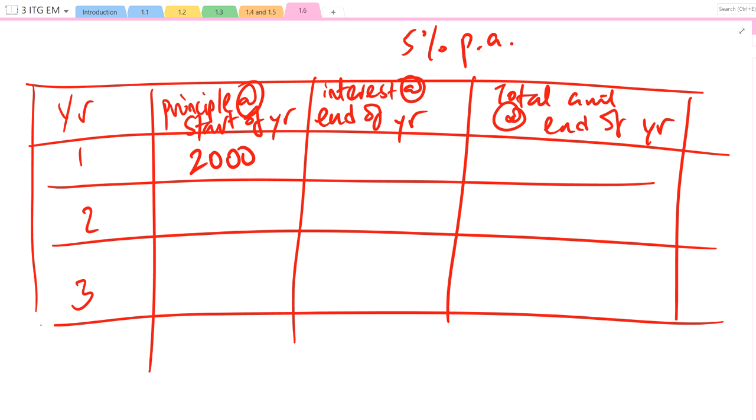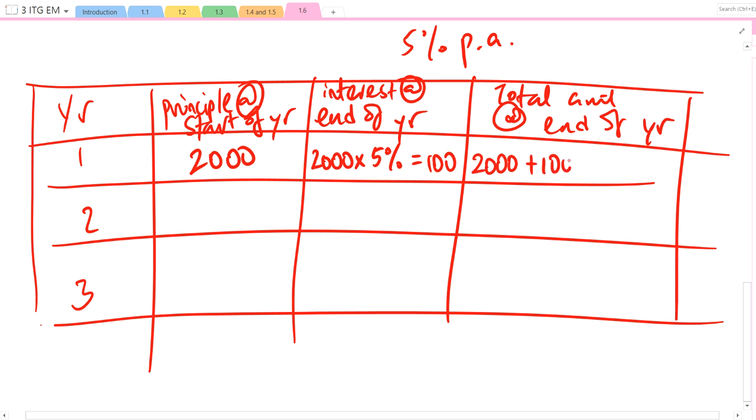Using our simple interest formula, just for this instance over here, we've got 2,000 times 5% times 1 year, isn't it? So I don't bother writing the 1 over there, and this gives me $100. Following so far? Okay, so the total amount, obviously I add them up. So 2000 plus 100, right?